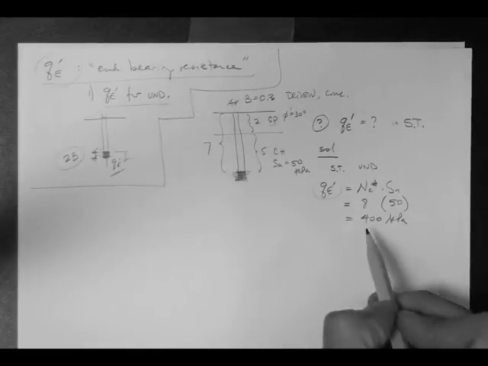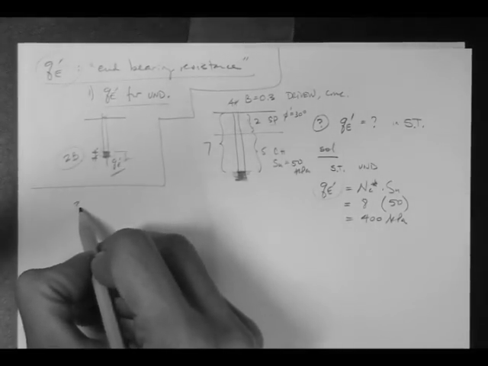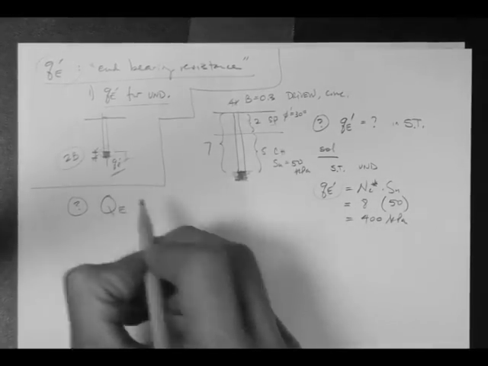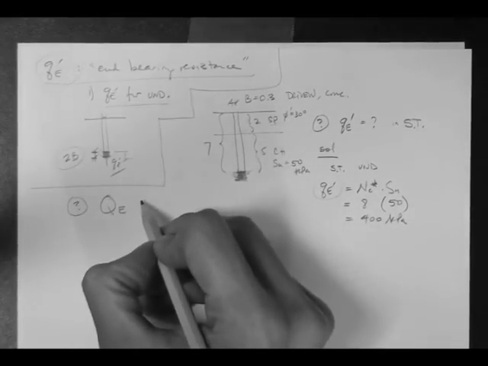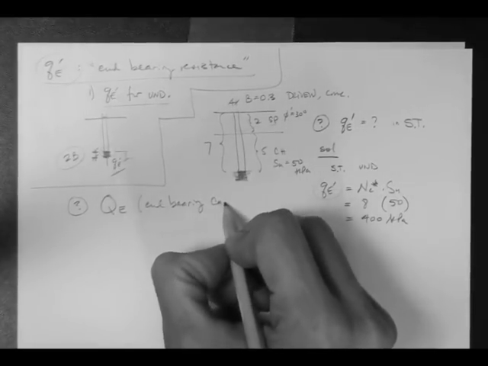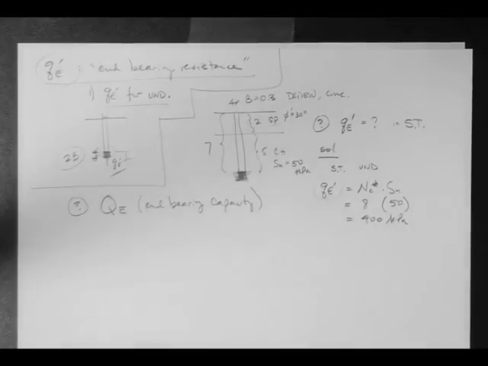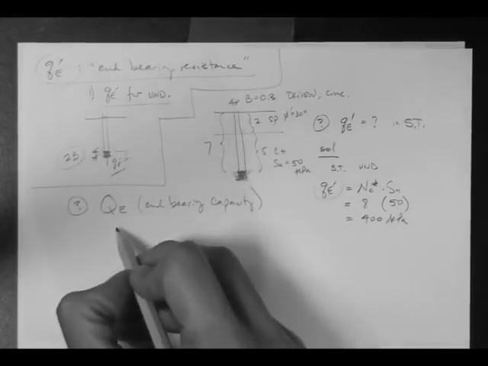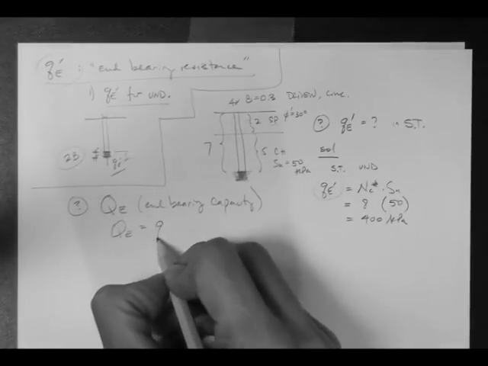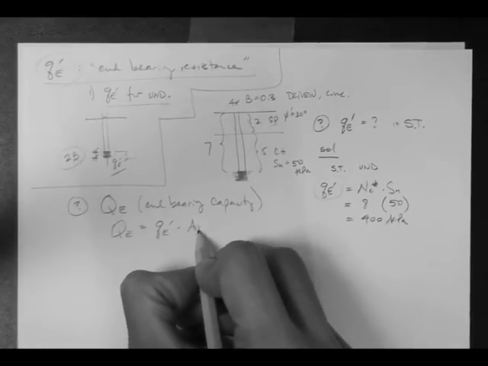Okay? Now, to finalize, another question would be, what is the end bearing capacity? This is the end bearing capacity. The end bearing capacity is the stress times the area.